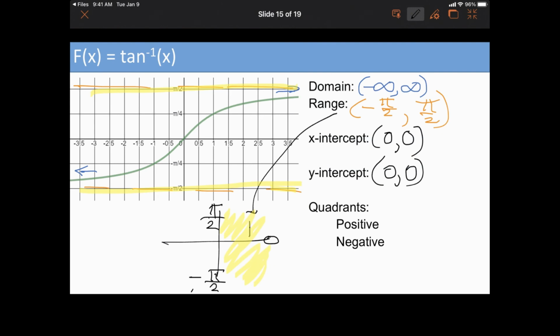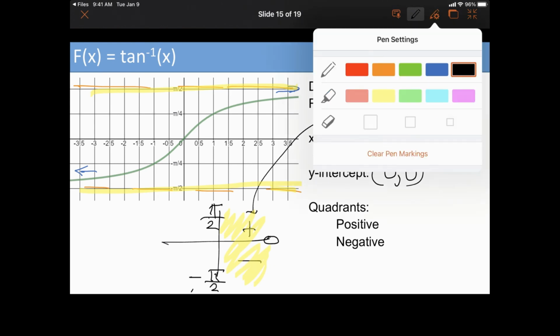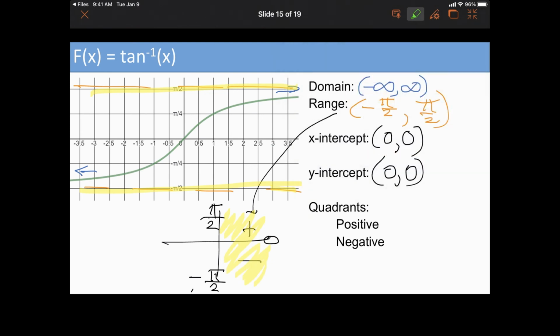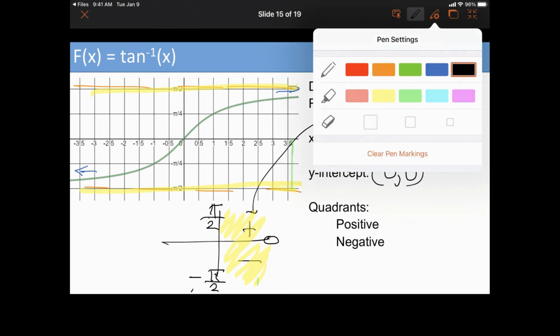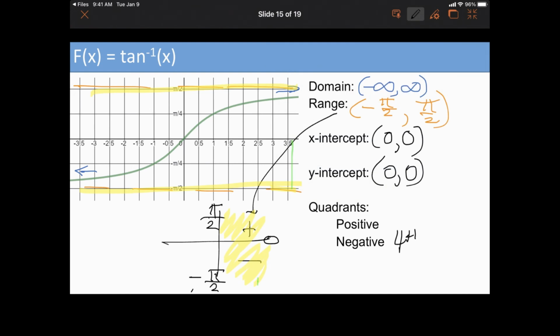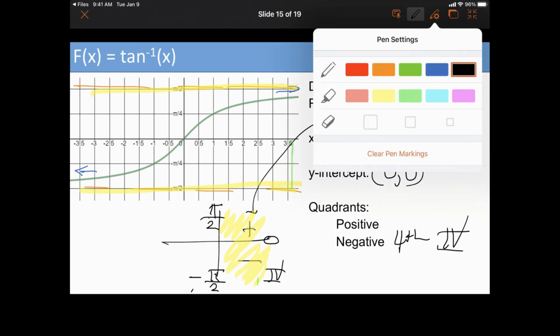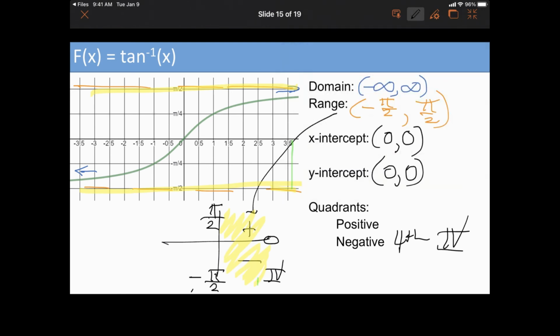So here it's positive and there it's negative. So from here to here, it's going to be in the negative, so it's going to be in the 4th quadrant. And positive in the 1st quadrant, which is from here to here.